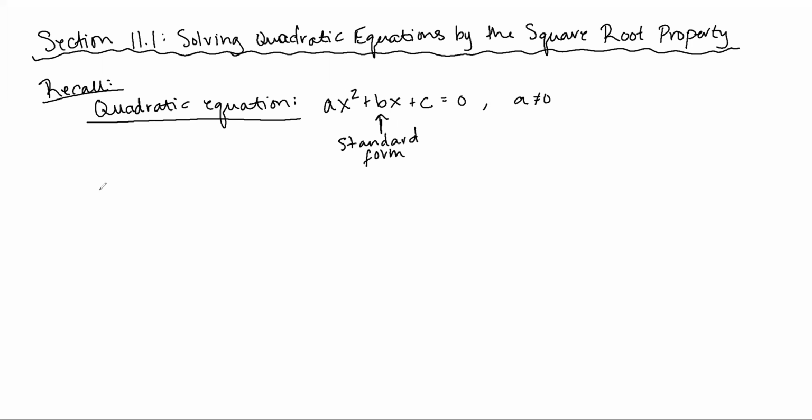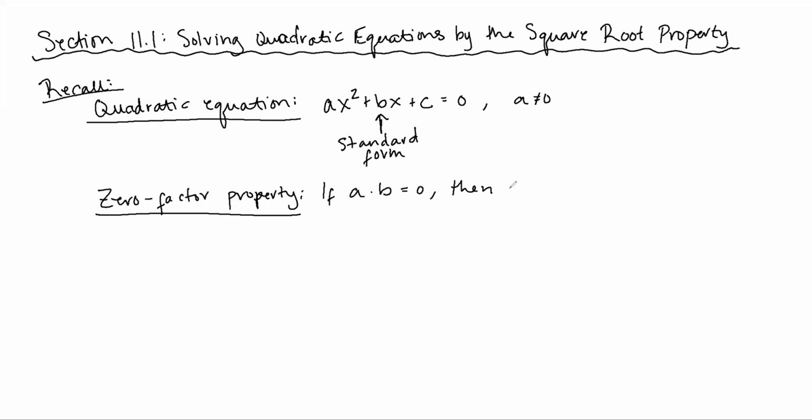And so what we've learned so far is the zero factor property. This is what we learned back in chapter 6 in Math 95. You might not remember it by name, but we have used it in this class. What this says is if a times b is equal to 0, then a equals 0 or b equals 0.